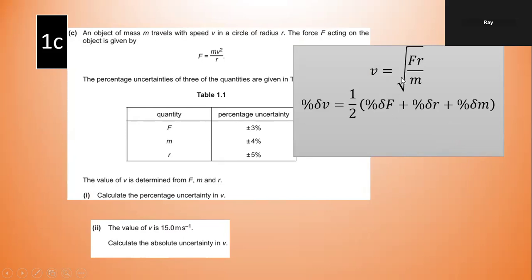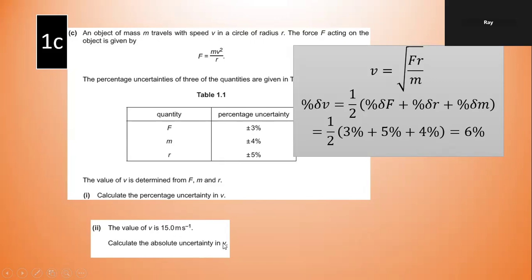So square root means half of percentage F, percentage R, percentage M. Put in your value for F. F is 3. R is 5. For 6%, correct. Value of V is 15.0 cm.